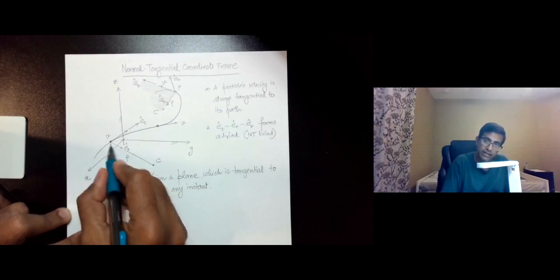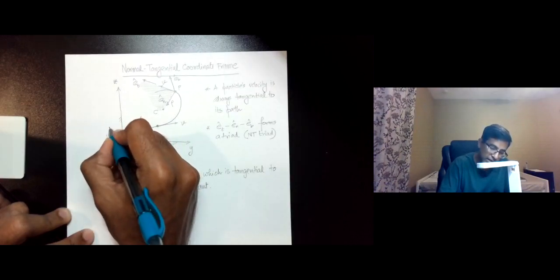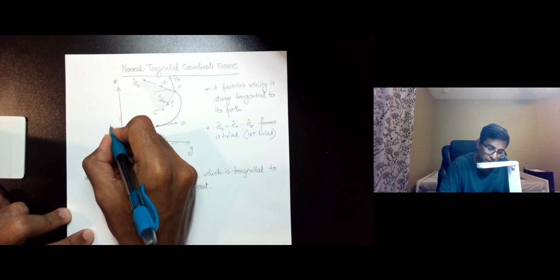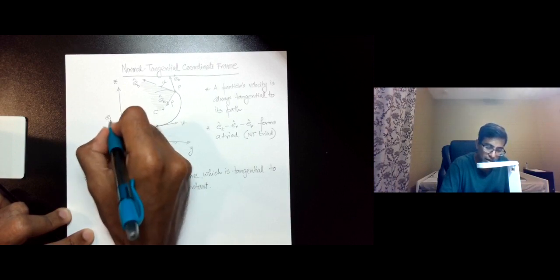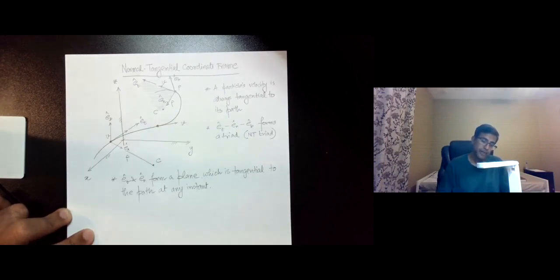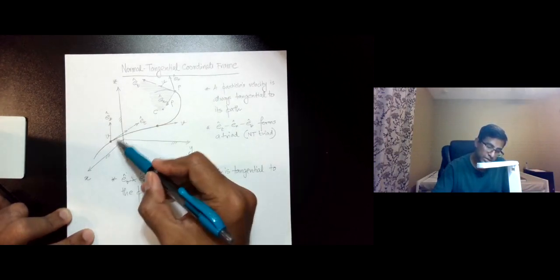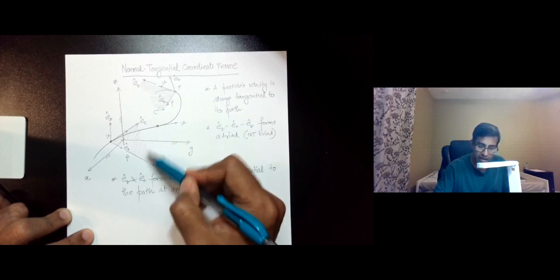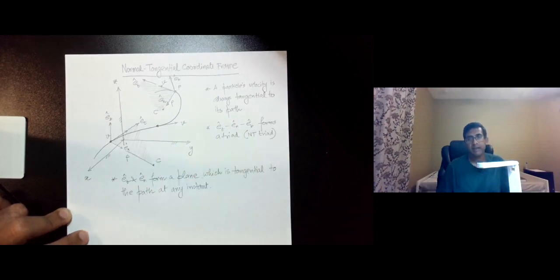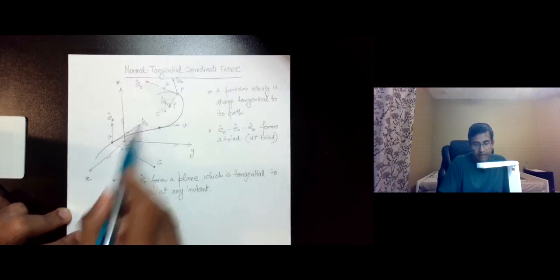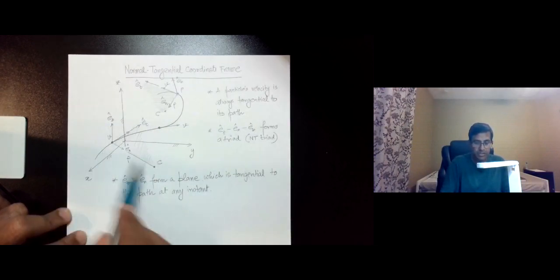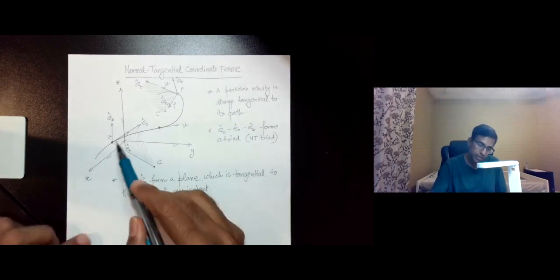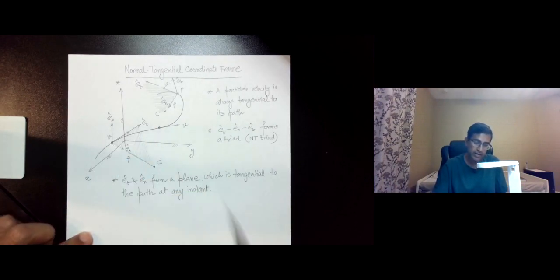So En is like this, ET is like this, and EB would have been, say, like that. Then we can again shade this plane formed by ET and En, and that plane is the tangential plane to the trajectory of the particle at that instant.